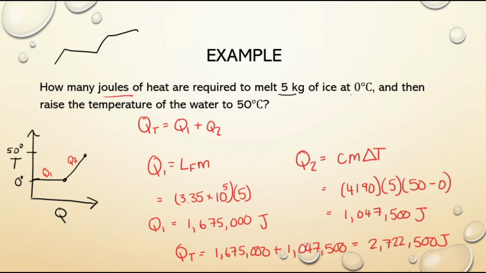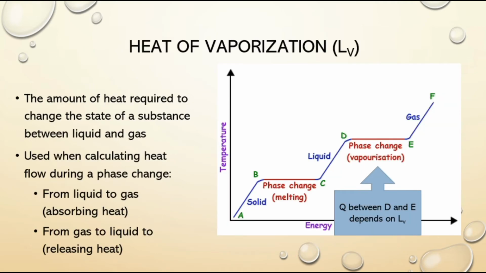So when you do these change of phase calculations, you're going to do them in steps. Heat of fusion is only for when you're changing phase between solid and liquid. That's the only place you use heat of fusion, because you use a different heat, the heat of vaporization, LV, V for vaporization, L for latent heat, when you are changing between liquid and gas.